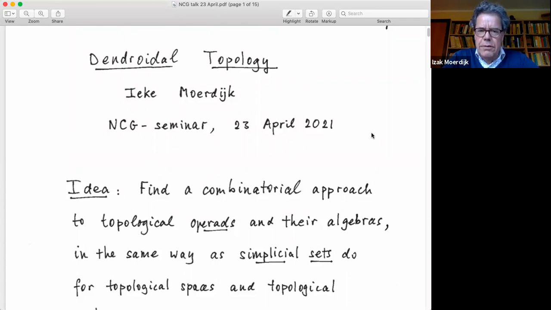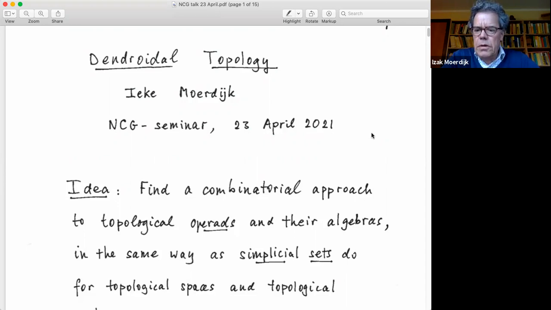If you are interested in more technical details, there are a number of papers available on the archive or already published. I gave some names of my collaborators and some other people who contributed to the area in the abstract. So I'm sure you can find these papers online.